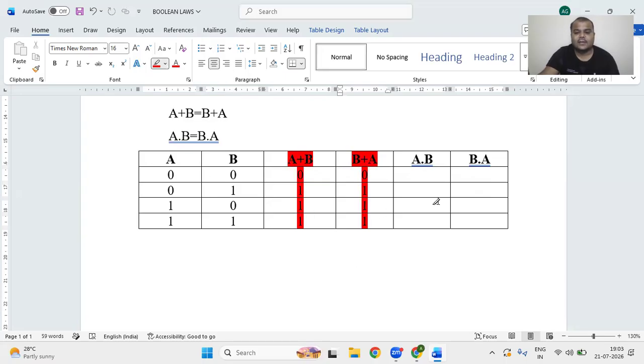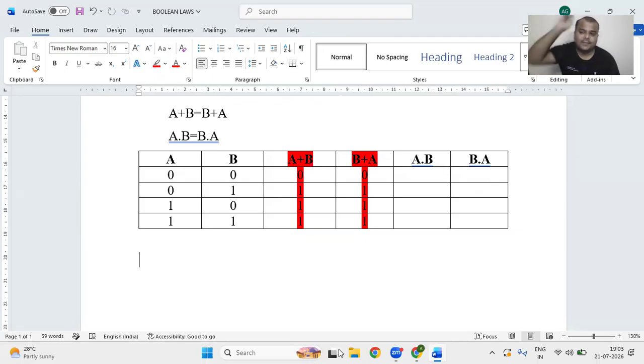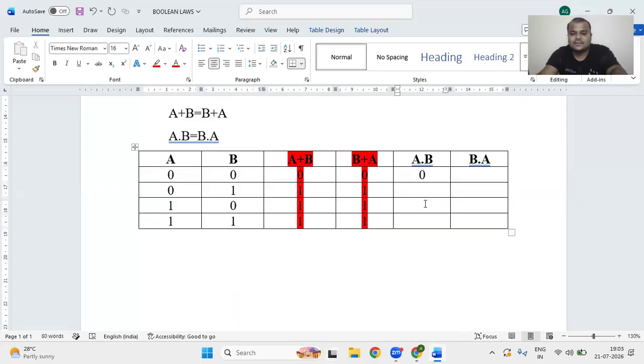Okay. Next. A into B. Multiplication. 0 into 0 is 0, 0, 0, and 1 into 1 is 1. And B into A also 0, 0, 0, and 1.